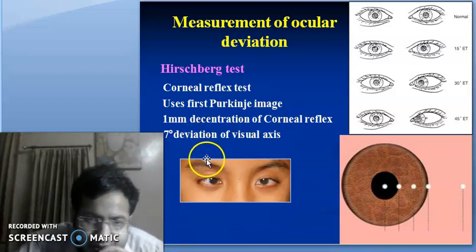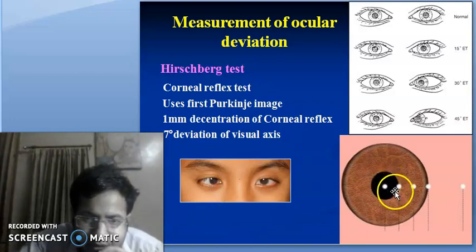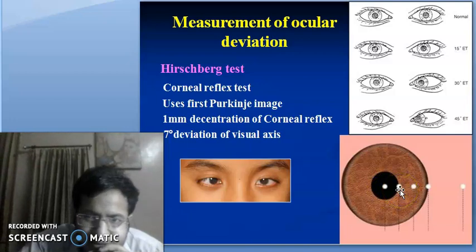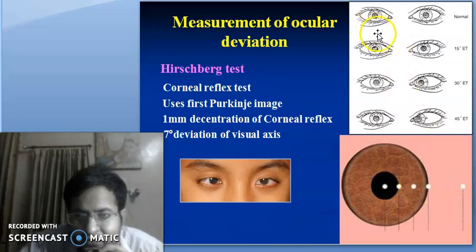1 millimeter decentration of the corneal reflex from the pupil is equal to 7 degrees of deviation of the visual axis. So we can roughly classify this: if it is normal, both the corneal reflexes are present in the center of the pupil.